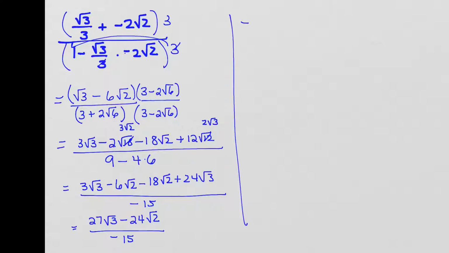And I get negative 3 times negative 9 square roots of 3, right? And then plus 8 square roots of 2.